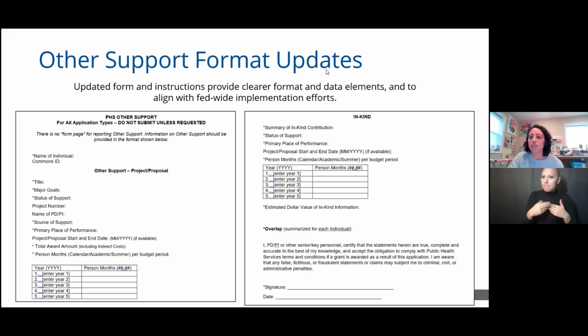Our investigators have research funding for specific projects, but they do not have salary support or effort on them, non-federal. We've had a few grants management specialists tell us that the other support is wrong because the individual must have effort. And if they don't, we should remove it from other support. If there's no effort on a project, should we put it in the in-kind section? So you can list projects and proposals that have zero effort, and you can include zero effort if that is truly the correct effort level.